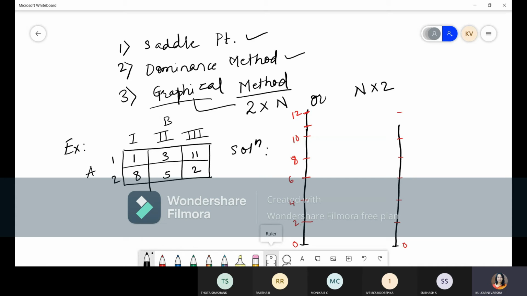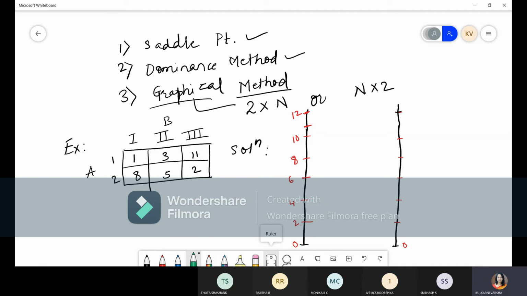So when you draw these two lines, how will you mark the points? Looking at this, we have up to a maximum of 11, so from 0 to 11 should be there. And for this line we have up to 8, right? Now I'll take another color.